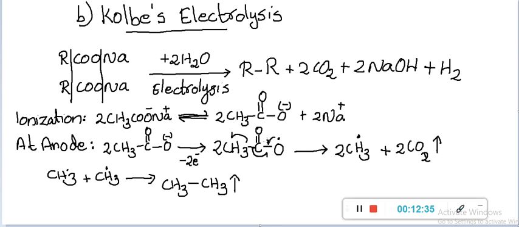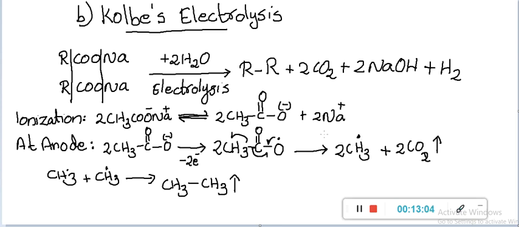This half arrow represents the flow of one electron only. Full arrow represents flow of two electrons. Free radical mechanisms are represented in this manner. Here we use only half arrows.